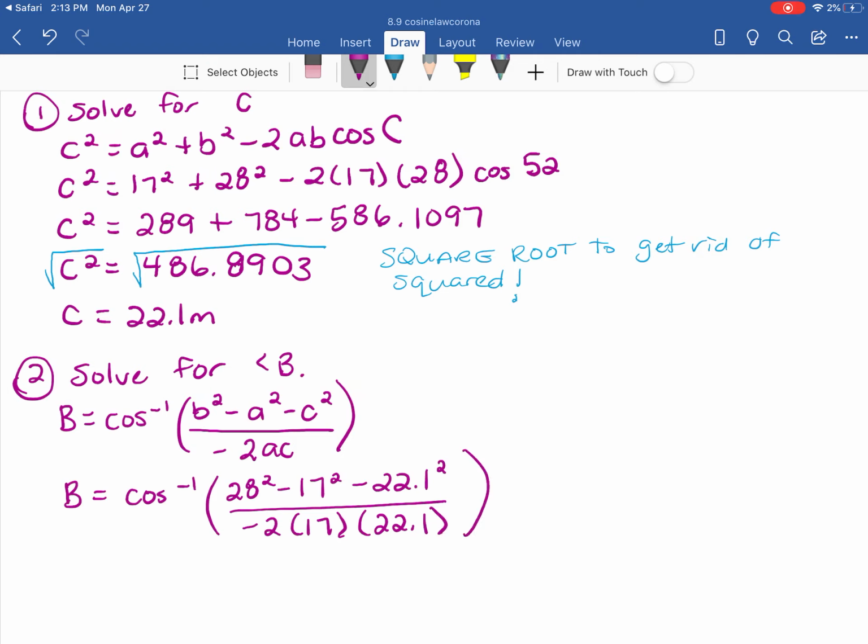So 28 squared minus 17 squared minus side C, which we just solved for. Okay, so you can see here at the end, these are the same in the top and the bottom. Maybe that can give you a clue that you're correct.